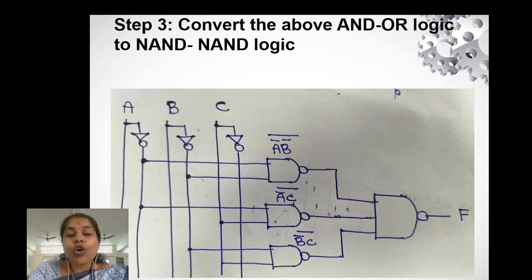We apply double complementation starting with F equals A bar B bar plus A bar C plus B bar C. We introduce a double negation bar and use De Morgan's theorem. We can implement this NAND logic in the above-mentioned AND-OR logic circuit.